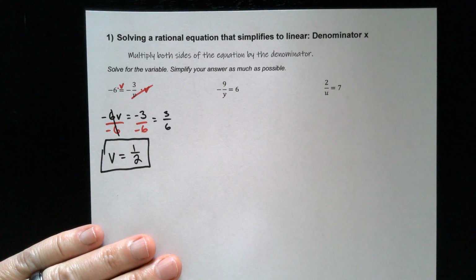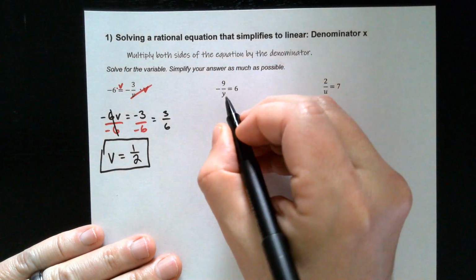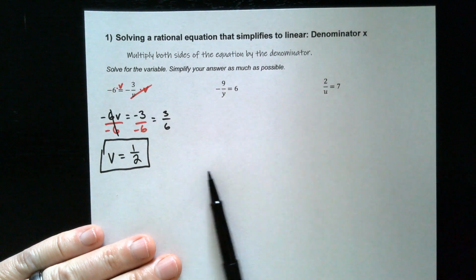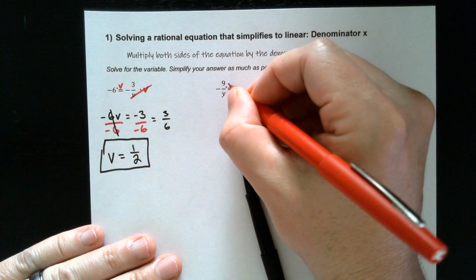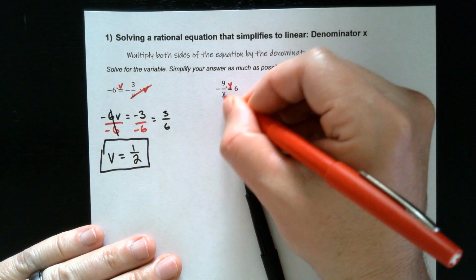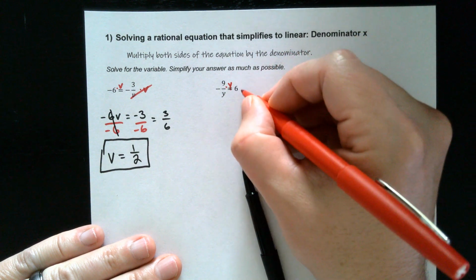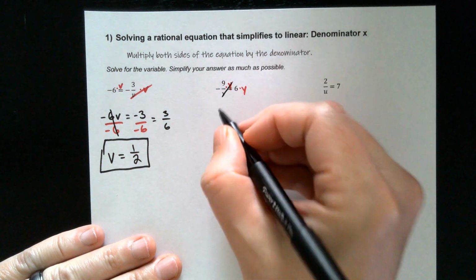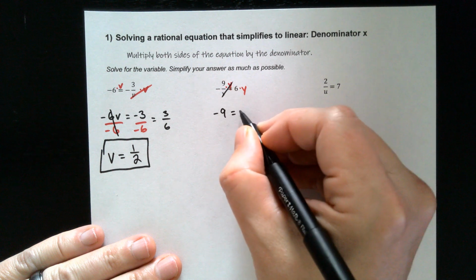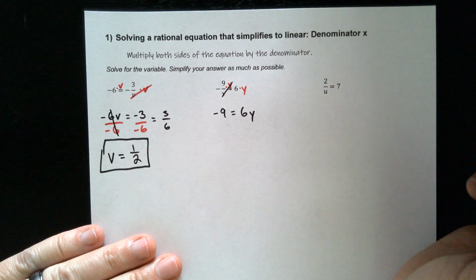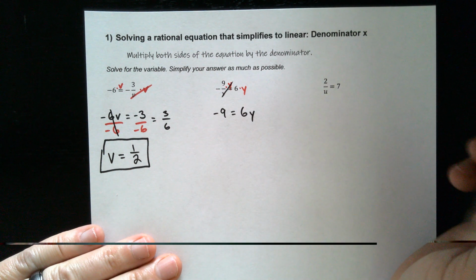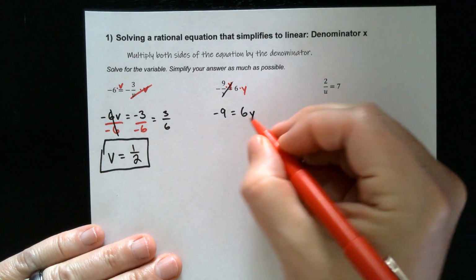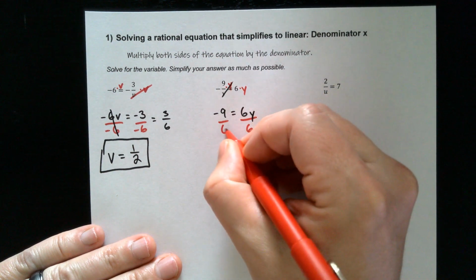Okay, let's look at the next problem. So this one, we've got the y on bottom, so I will multiply both sides by y, which will make it cancel. Okay, and then I'll do it over here as well. So that gives me -9 equals 6y. Okay, now I need to get rid of that 6, so I will divide by 6.